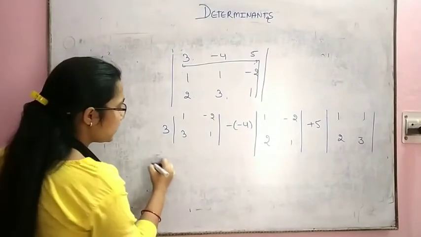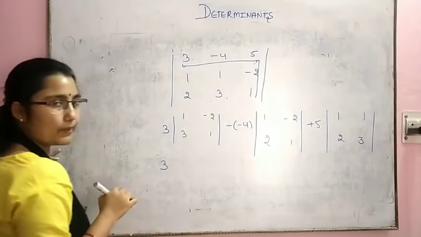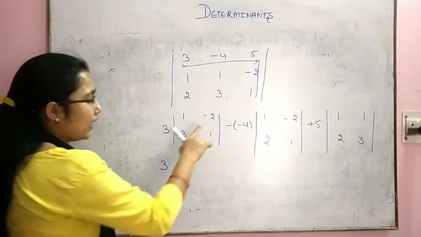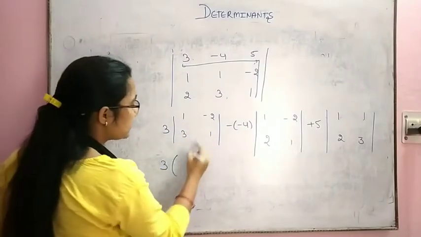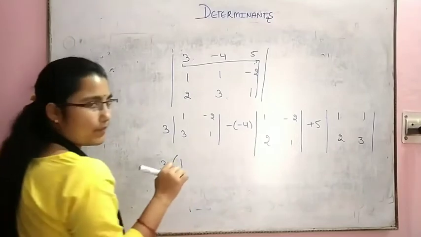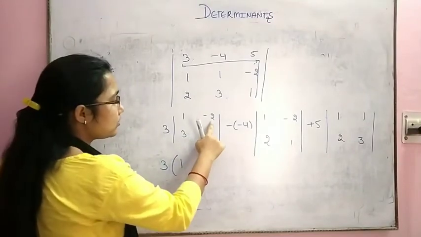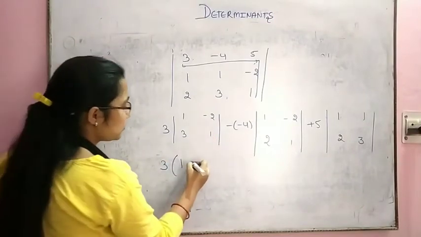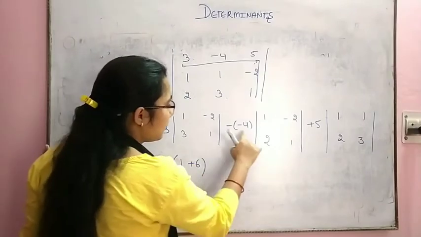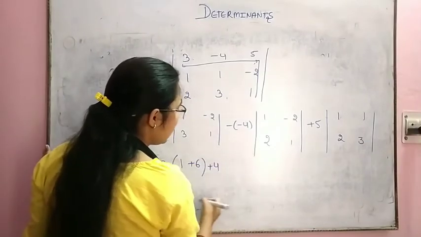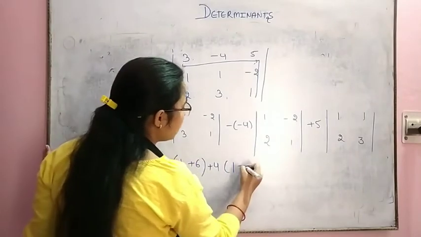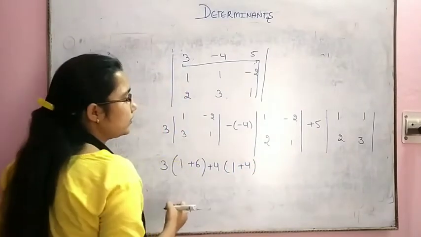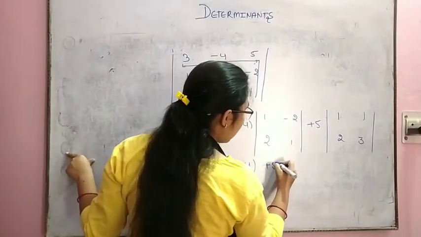So just note down 1, 1, 2 and 3 and solve the value of this determinant. We have to cross multiply these elements by using a subtraction sign between them. So 1 ones are 1, we use one subtraction sign, and 2 threes is 6. So this will be positive 6. Minus minus will be positive. Now 1 ones are 1, 2 twos are 4, this is positive 4 plus 5.